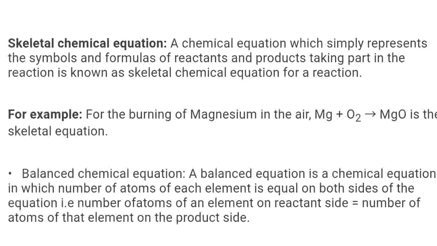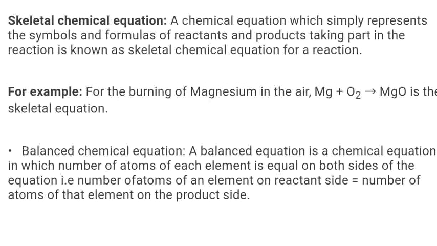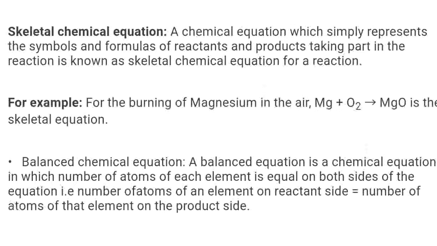Next one is the skeletal chemical equation. A skeletal chemical equation is a chemical equation which is not balanced. An unbalanced chemical equation is known as a skeletal chemical equation. Let's see what definition is written here.